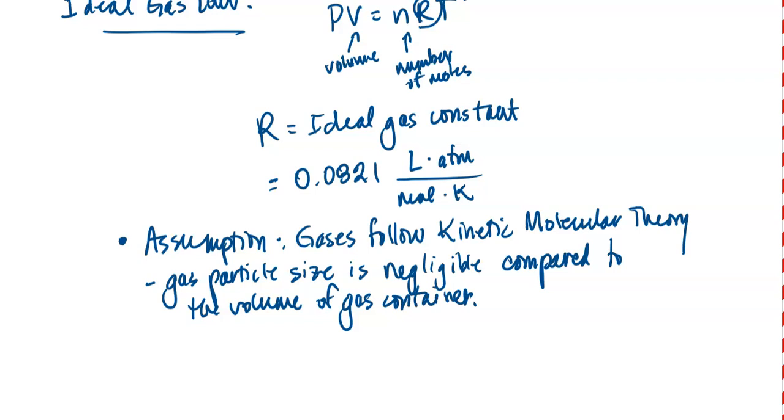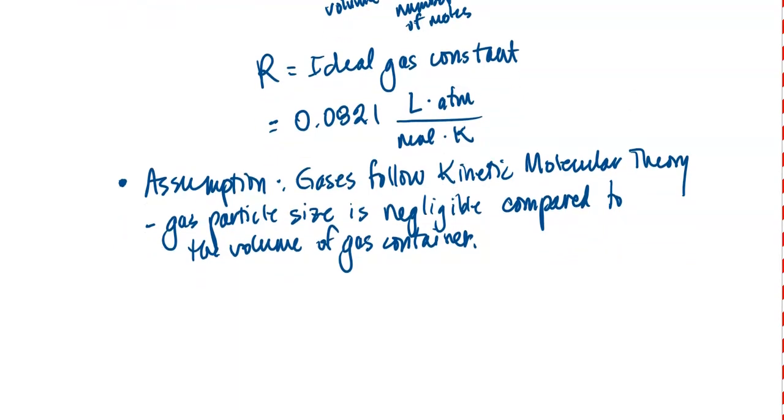What that means is we're going to pretend that these gas particles are so microscopic that their size doesn't really matter. It's not going to impact the collision behavior between the particles. We're going to pretend these gas particles are infinitely small.